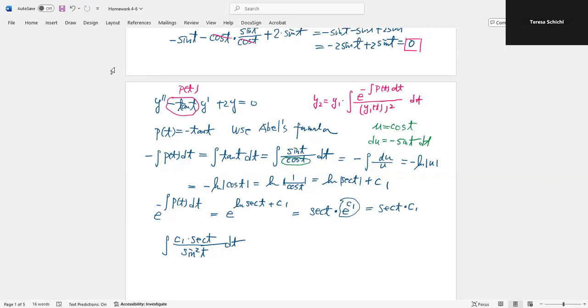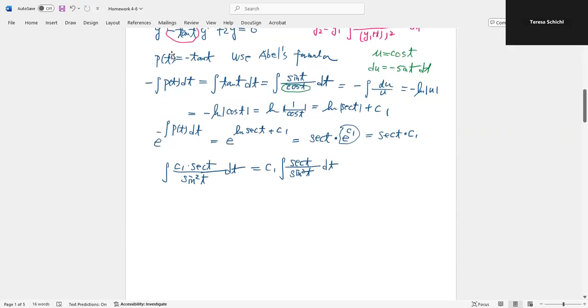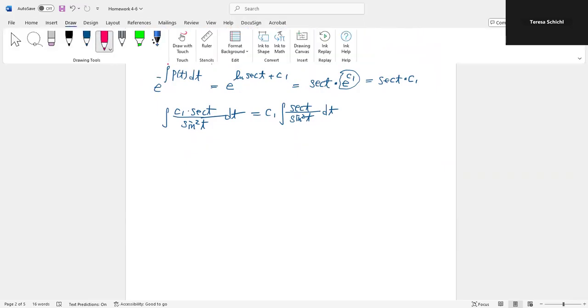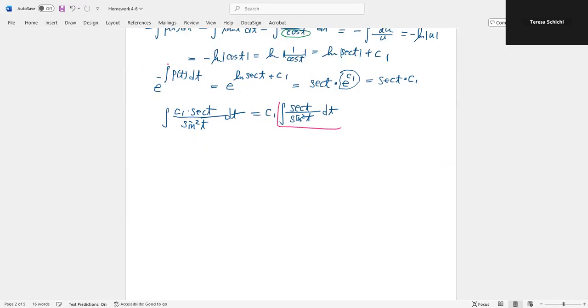This one here, I can take the c1 out, and this one here is secant t over sine squared t dt. All right, so this integration is a little tricky, so I'm working on how to get this integration done.